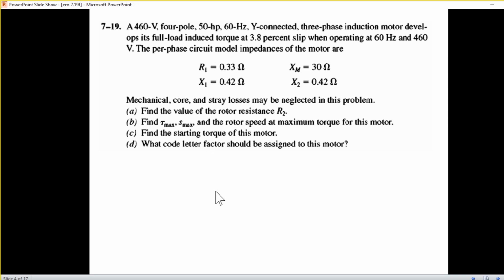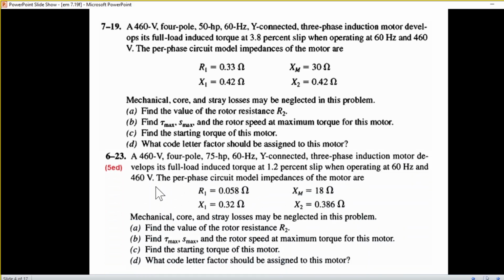This is 7.19 and this is the 6.23 example. The question is the same except for the values here. It is 50 HP, 75 HP, and the values of the resistances and inductances are different. So we'll be using this, but if you want to solve for this example, just follow the same technique.